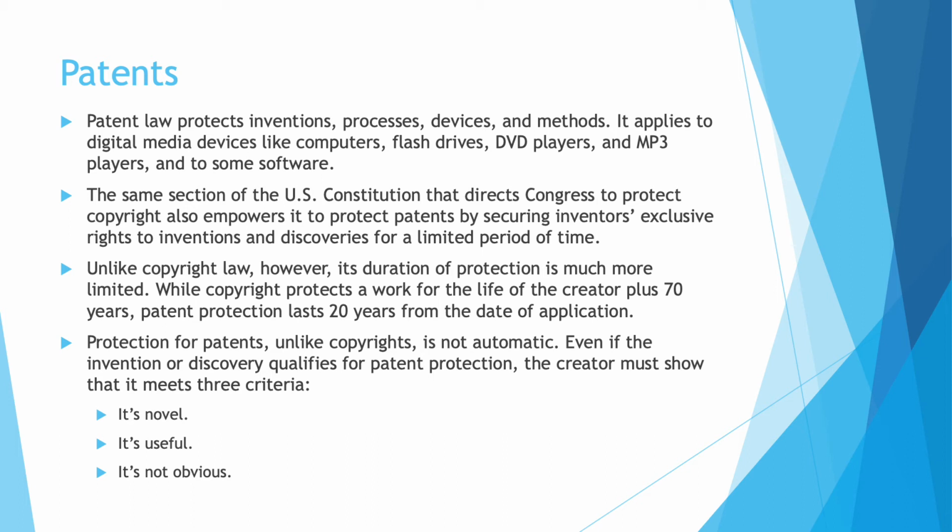Protection for patents is not like copyright protection. Patent protection is not automatic. Even if the invention or discovery qualifies for patent protection, the creator must show that it meets 3 criteria. It has novelty, it's useful for some purpose, and it's not obvious.